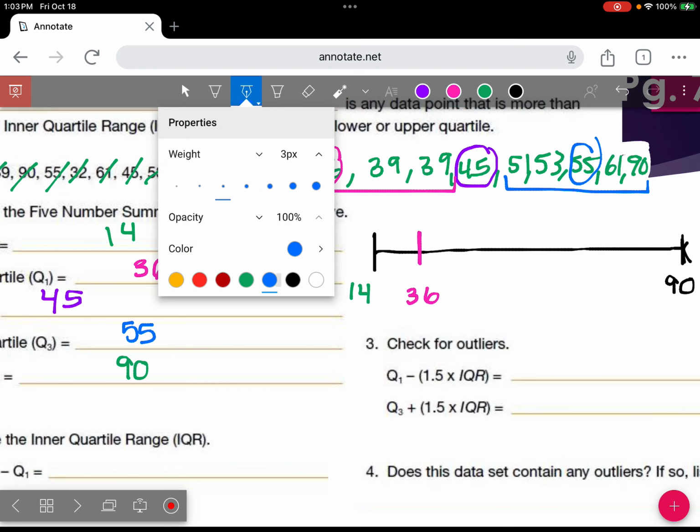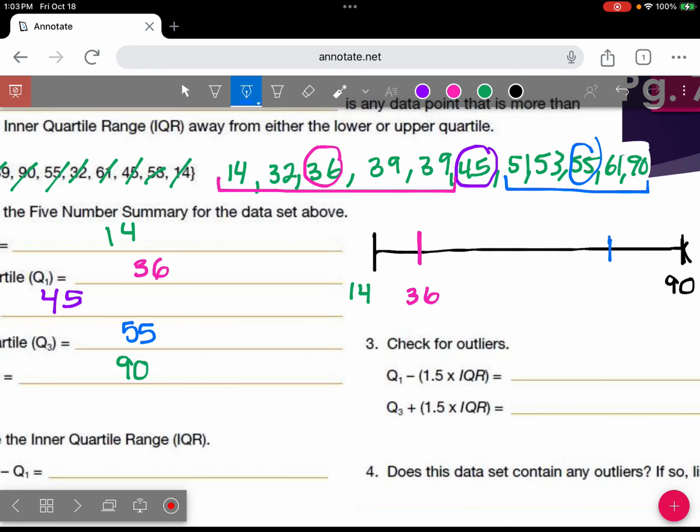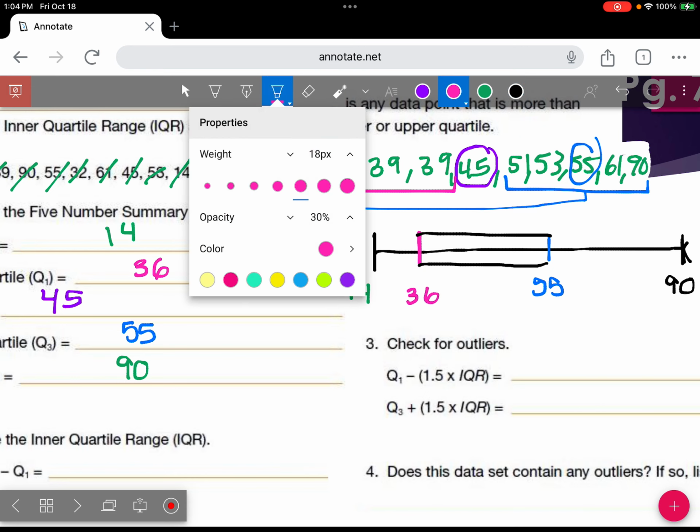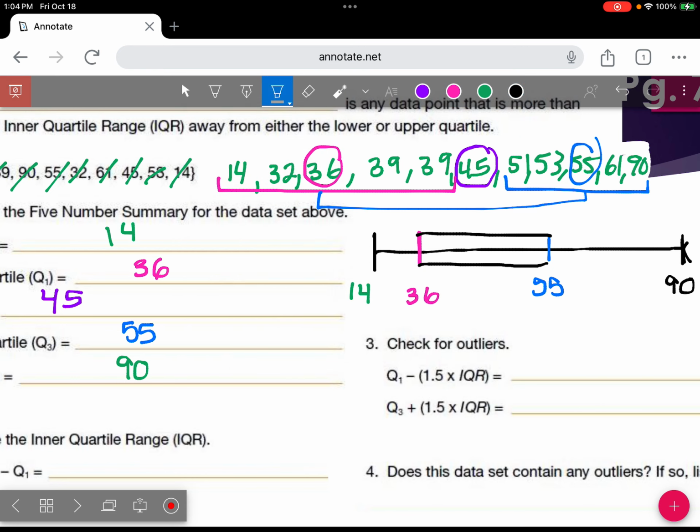And we have our 55, which is going to be a little bit more right there. So I'm working from the outside in here. And these two pieces make that box that we've seen. I tend to color my box in just a little bit because it's easier to see with a little shading on it.